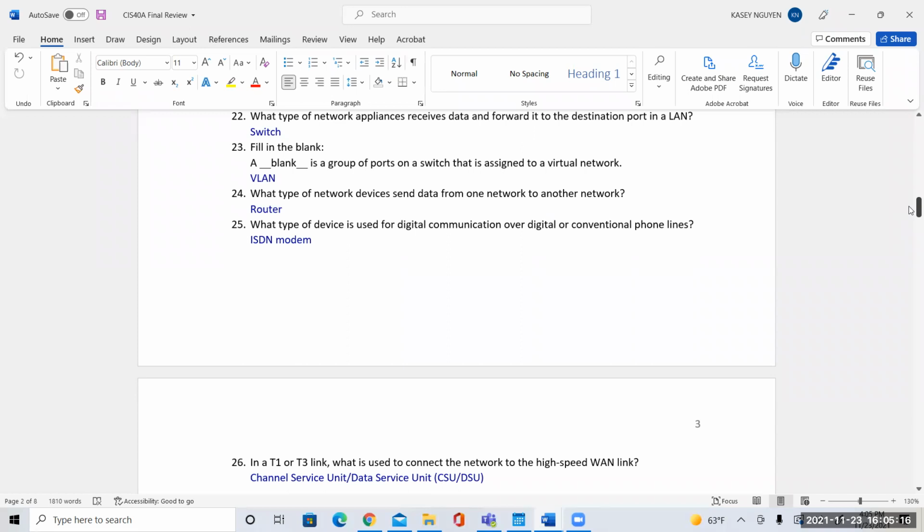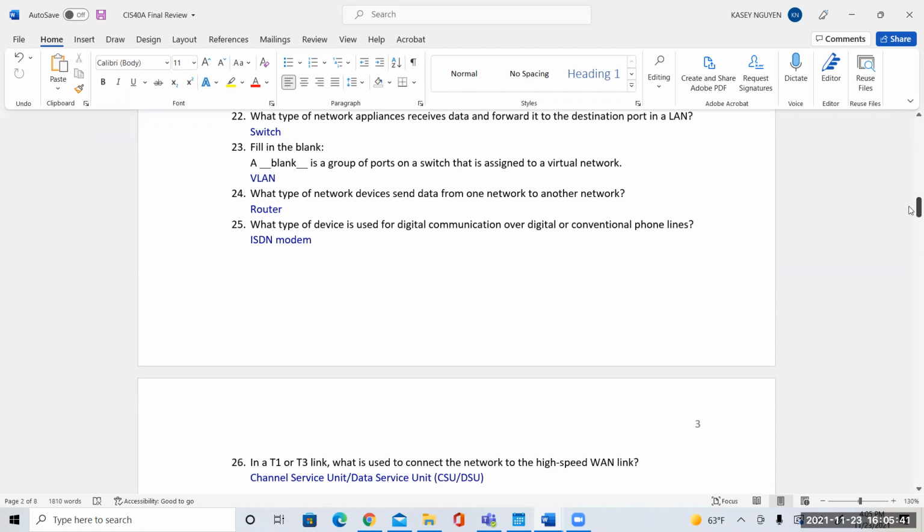Okay, 26. In a T1 or T3 link, what is used to connect the network to the high-speed WAN link? So now we're entering the ISDN and all of that, right? We would use what's called the CSU-DSU, Channel Service Unit Data Service Unit. It looks like a modem, right?